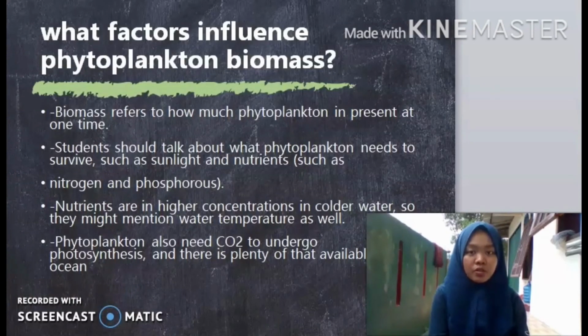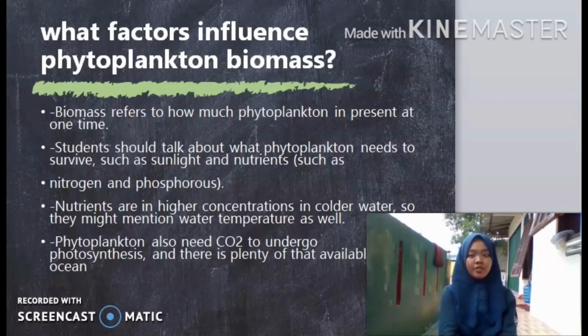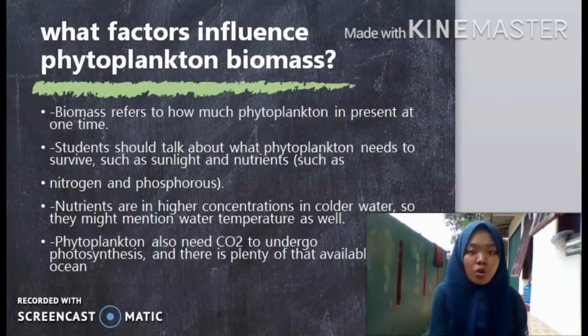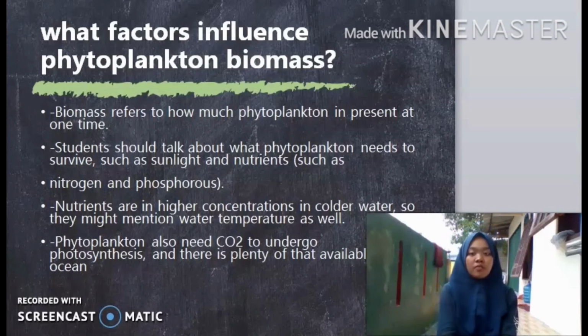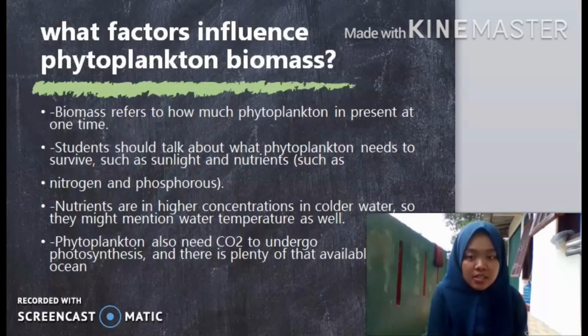What factors influence phytoplankton biomass? The first factor is biomass, which refers to how much phytoplankton is present at one time. Talk about what phytoplankton needs to survive, such as sunlight and nutrients, such as nitrogen and phosphorus. The third is that nutrients are in higher concentration in cold water, so they might mention water temperature as well.